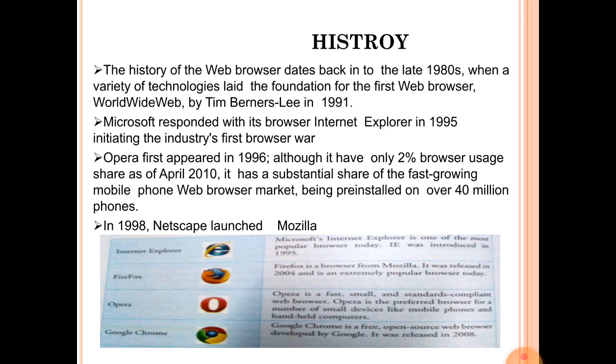Tim Berners-Lee developed the first web browser in 1991. But the history dates back to the late 1980s, when a variety of technologies laid the foundation for the first web browser, that is World Wide Web. But the most commonly used World Wide Web browser was developed by Tim Berners-Lee in 1991.